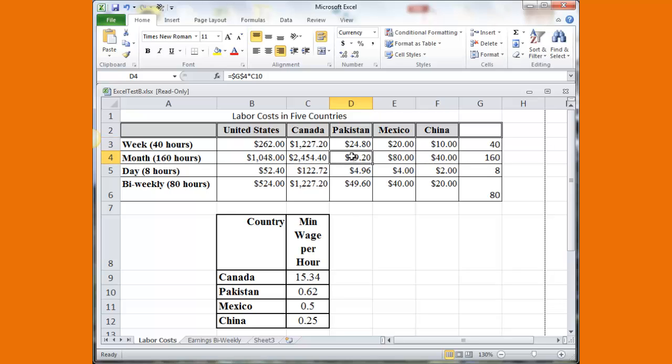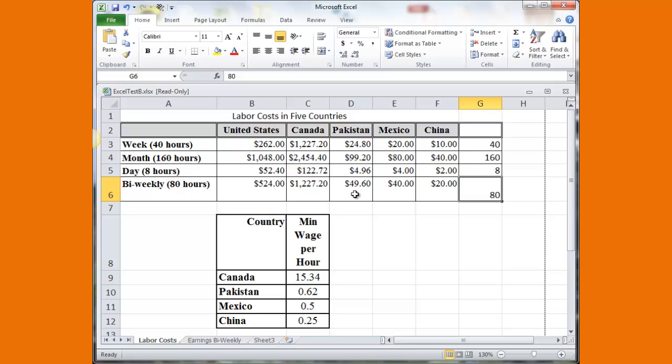The formula here should be C10 times 160. The formula here should be C10 times 8. And the formula here should be C10 times 80.